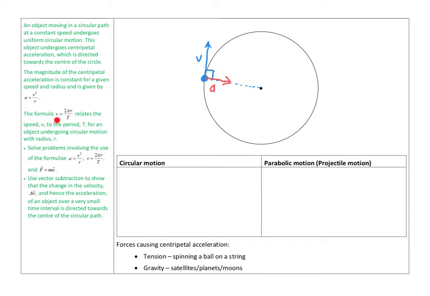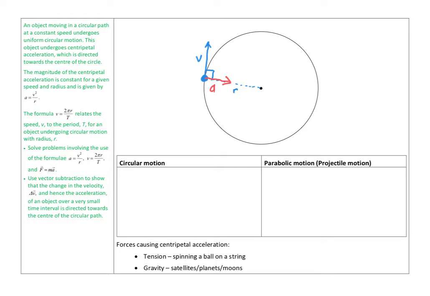The formula v equals 2 pi r on T relates the speed to the period T for an object undergoing circular motion. I would hope everyone by now knows that the length of the circumference of a circle of radius r, maybe I could label that on my diagram, radius r, is 2 pi r.